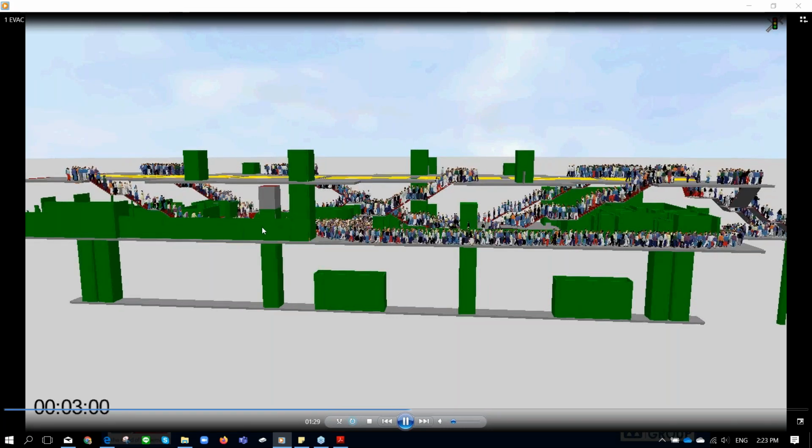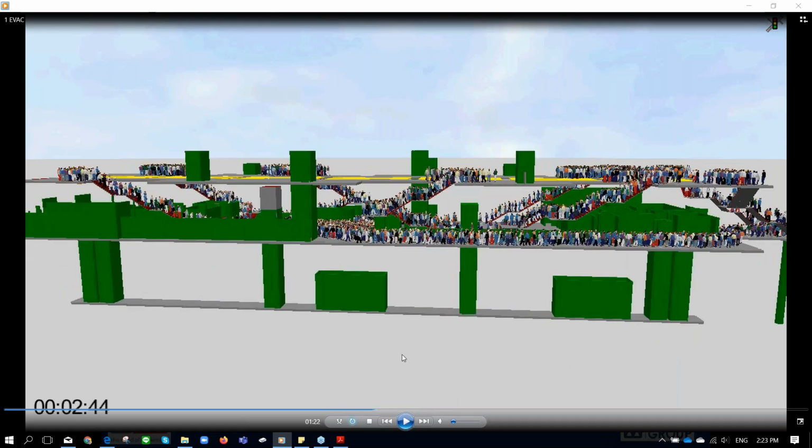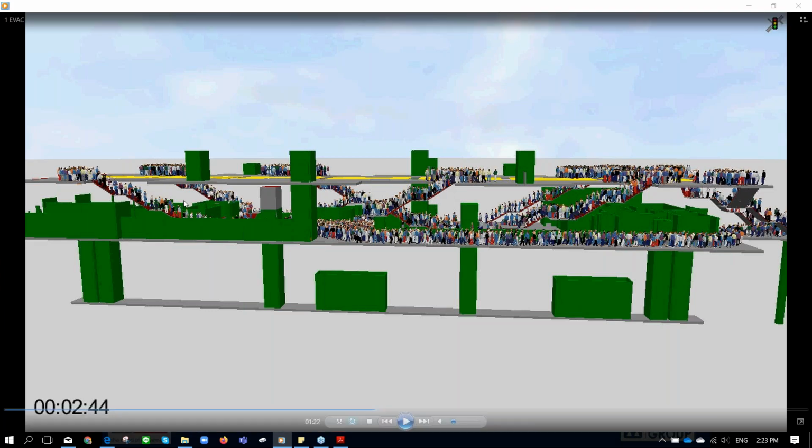So if you use a spreadsheet to do the calculation, you will get the same result, because in a spreadsheet you don't care what the shape of the staircase is.